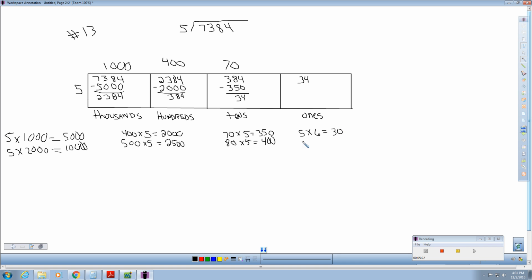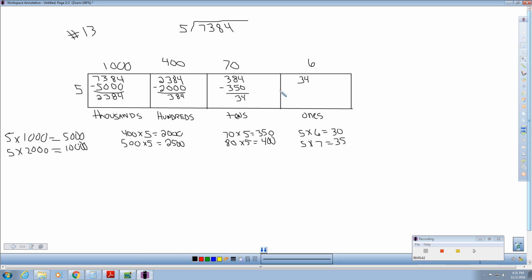Okay, so I'm going to take 5 times 6, and I know that that is 30. I'm going to try one more. Let's see what 5 times 7 is. So 5 times 7 is 35. Oh, I can't go over. 35 is bigger than 34, so I have to use 6 here. So I'm going to take this 6 and write it up here.